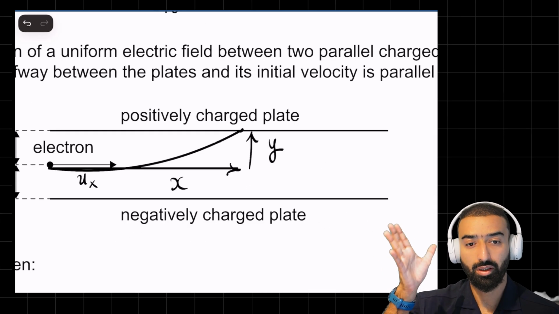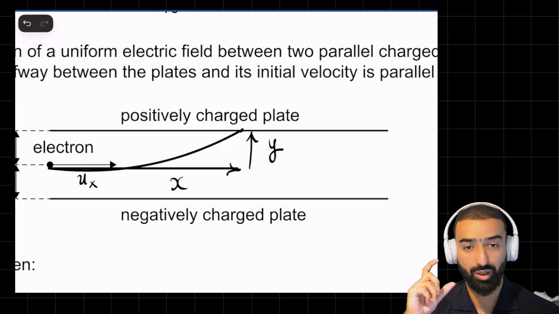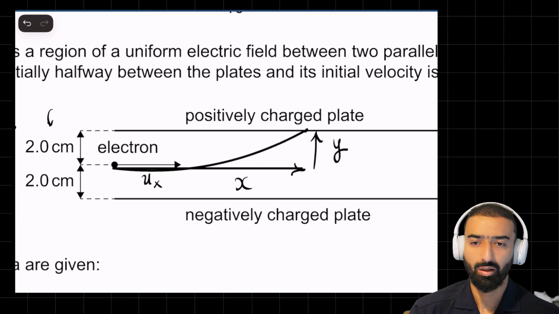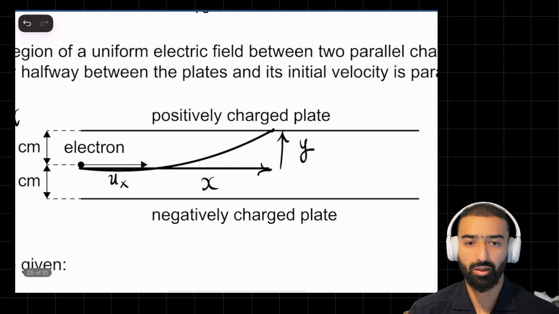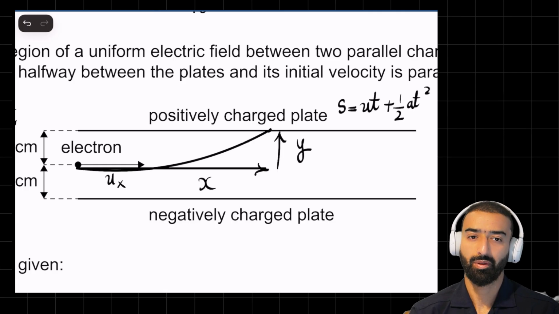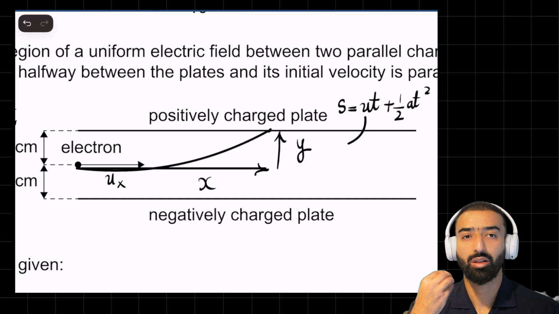If you look at the vertical displacement of an electron, which is y, which is the same as 2 centimeters, why not use this Suvat equation? The Suvat equation I'm looking at is S equals ut plus 1/2 at square. Now what's this term u? U is the initial vertical velocity.